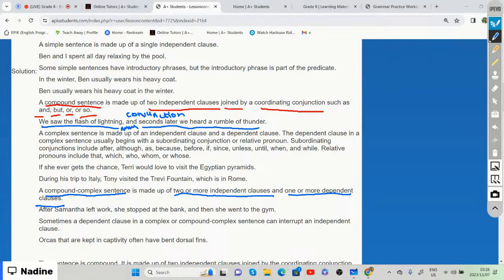For example, after Samantha left work, and you can see that there the sentence started with a subordinating conjunction.